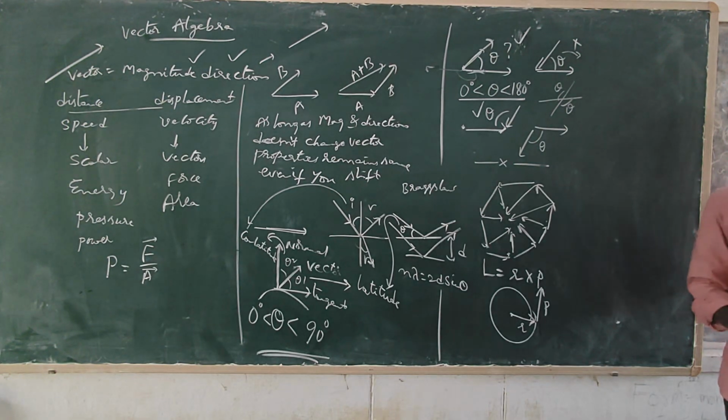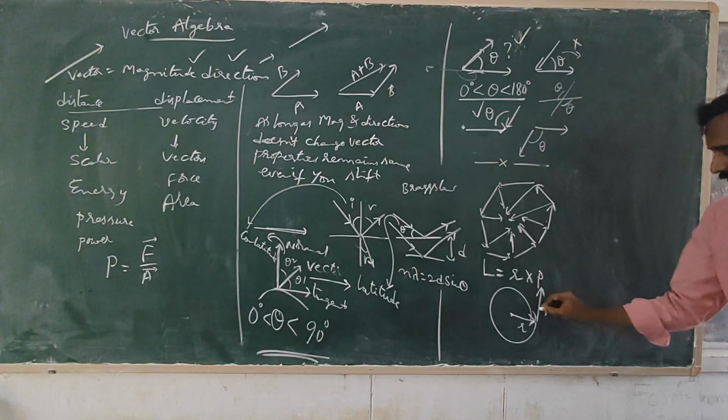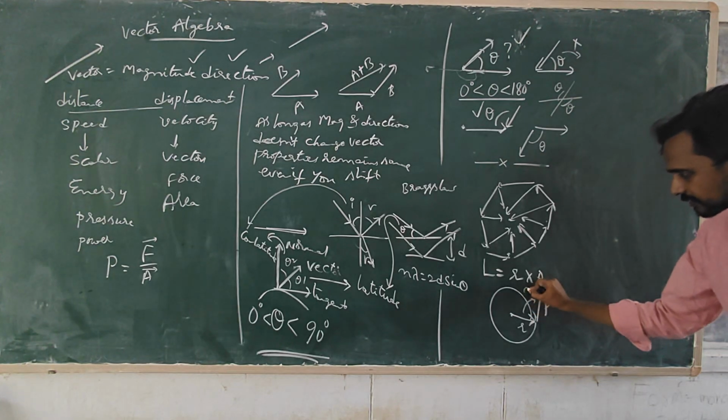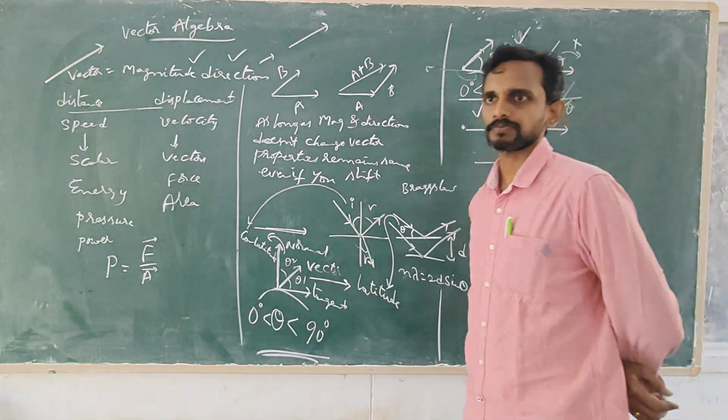So how to say it then? The lowest angle between r and p, in which direction is it? Is this the one? Will that be it? You have to identify the lowest angle direction from r to p.